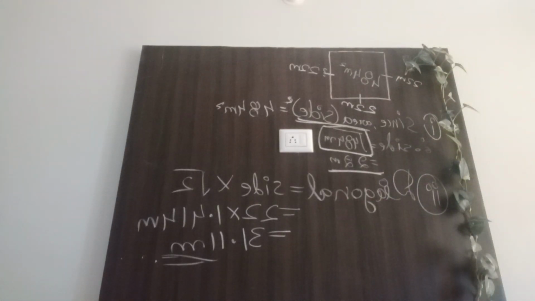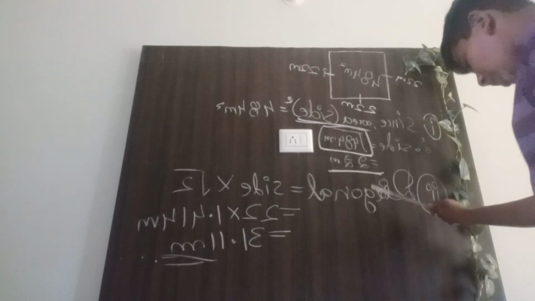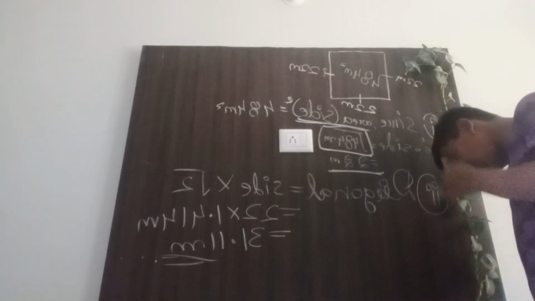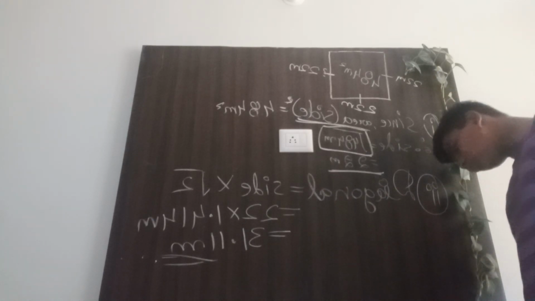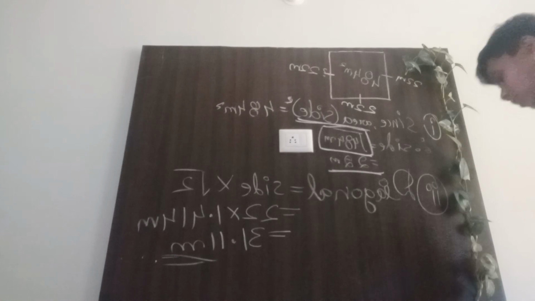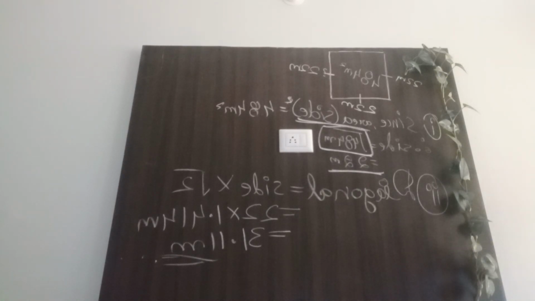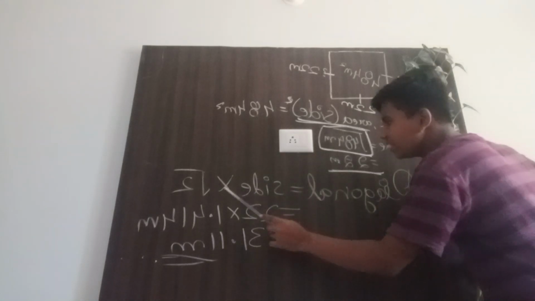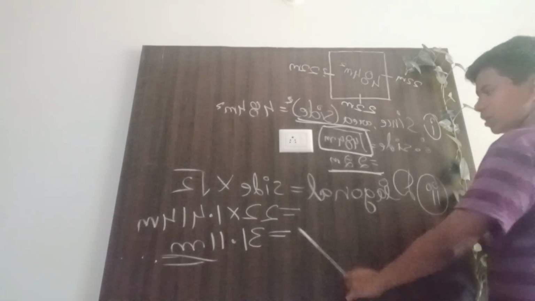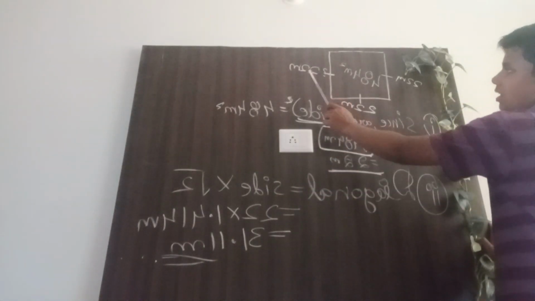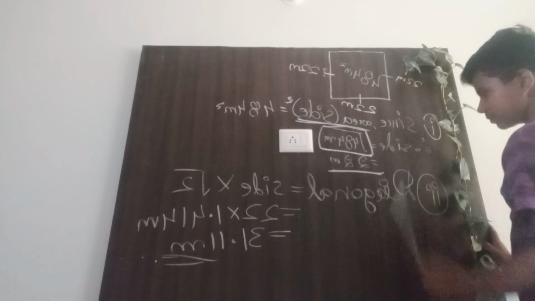Then the second question is the length of its diagonal, correct to two places of a decimal. To find the diagonal, the formula is side into root 2. What is the side? One side is 22 meter.